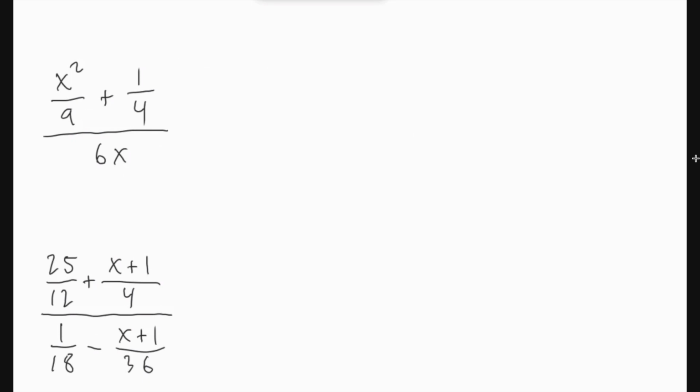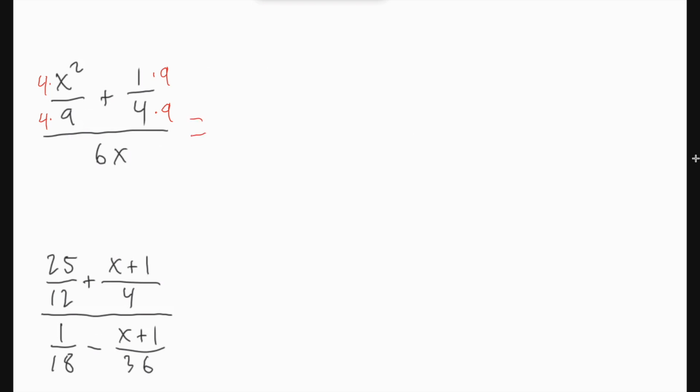So we need a common denominator on the top. The bottom is just 6x, so on the top, we need a common denominator. Well, we've got 9 and we've got 4, so none of those have any common factors. The best we can do is 9 times 4, which is 36. So we multiply the 9 times 4, and the same to the other, the 4 times 9.